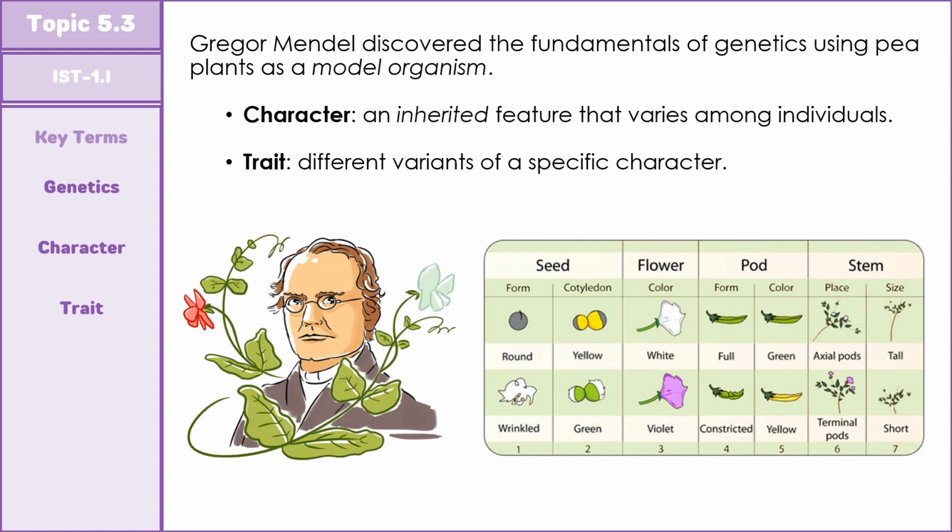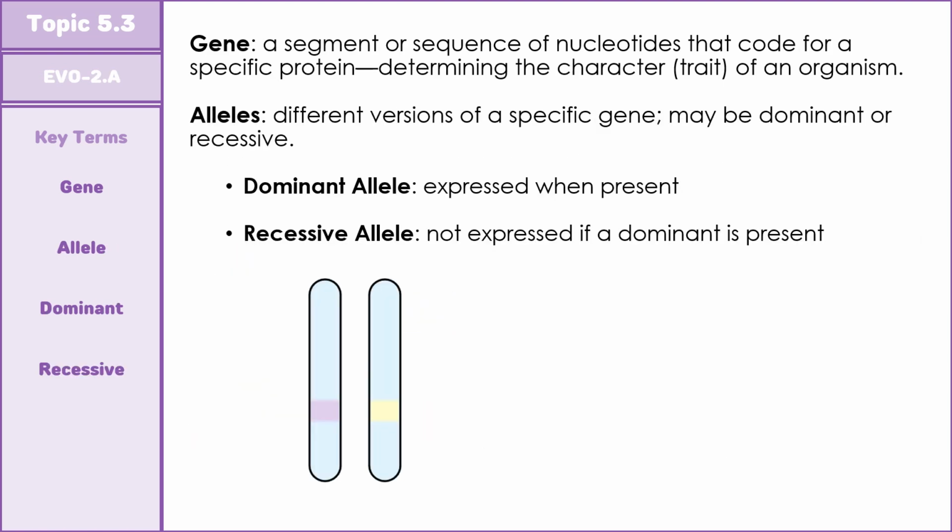So let's talk a little bit about what is a gene. So a gene is going to be this segment or sequence of nucleotides. Remember, nucleotides are the monomer of our nucleic acids. So this includes things like DNA and RNA, which we find in all of our living things.